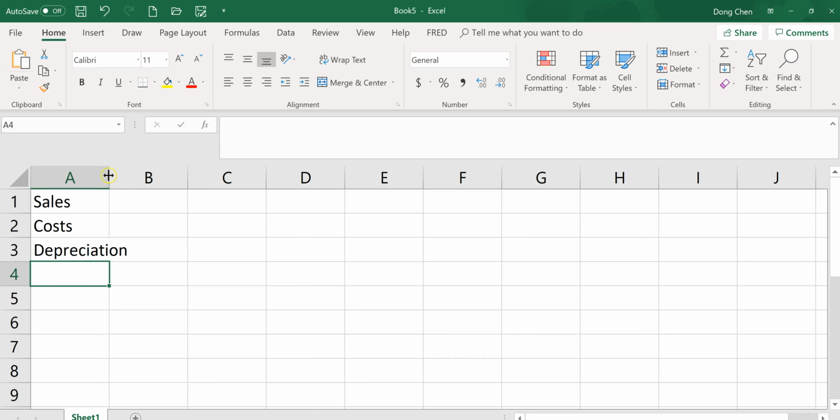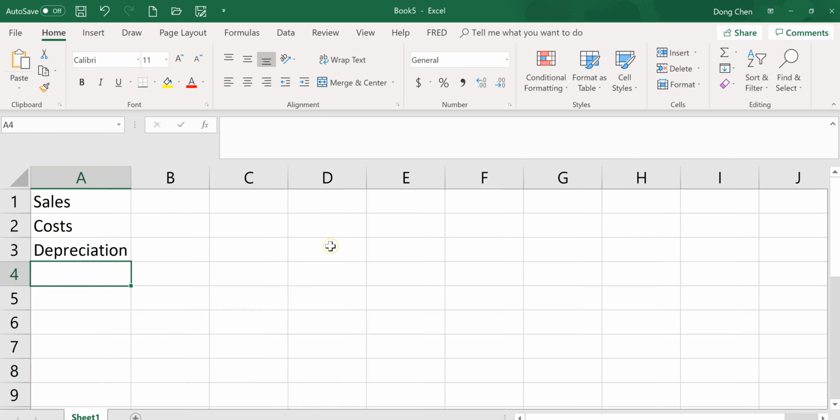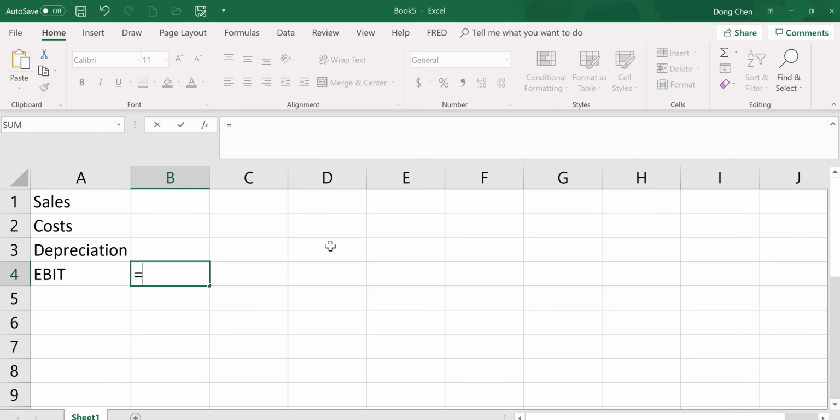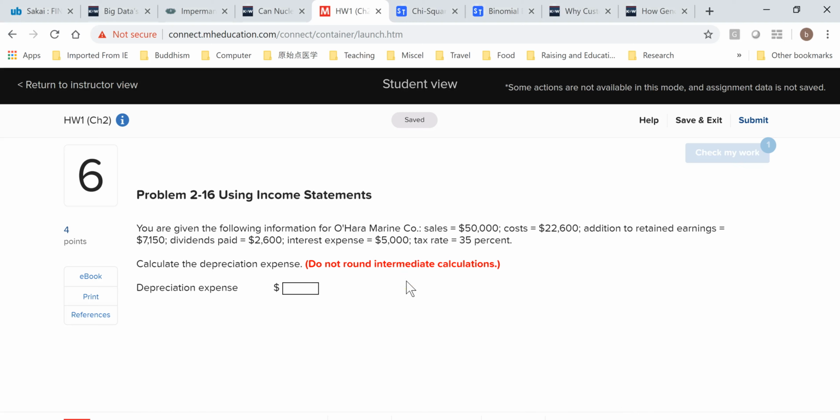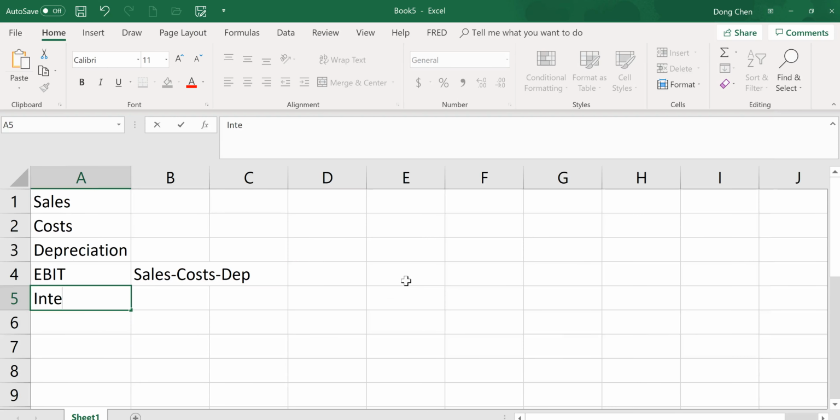And then the EBIT is simply sales minus costs minus depreciation. And then we have the interest expense.